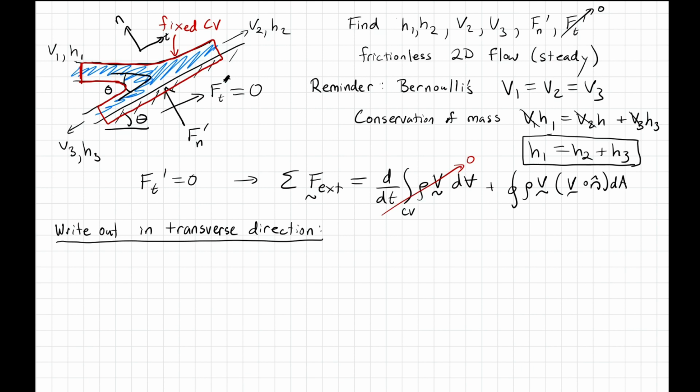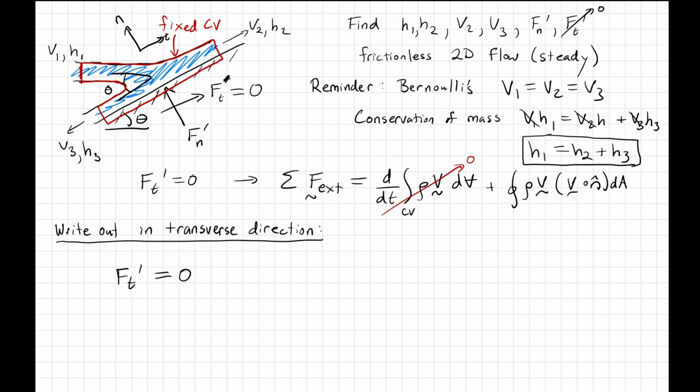All right, so we've established that the sum of the external forces is 0 in that direction. There's one little point here. I'm just going to write that the sum of the external forces is 0, but it's important to recognize that it's not just the force on the plate that contributes. There are pressure forces that act on each of these faces as well.